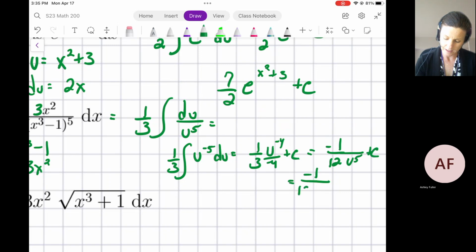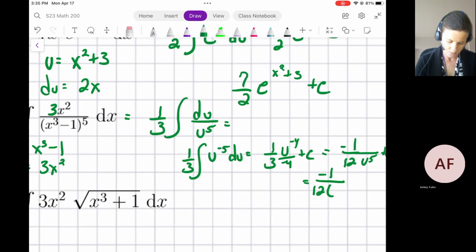And substituting back in, we get -1/12. Our u was x cubed minus 1. So we have 1 over (x cubed minus 1) to the 4th power plus c.